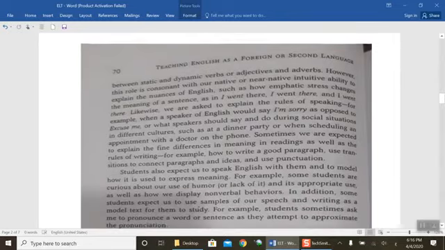However, this role is consonant with our native or near-native intuitive ability to explain the nuances of English, such as how emphatic stress changes the meaning of a sentence: I went there, or I went there, or I went there. So here we have examples of how language authority is a role the teachers play inside the classroom.